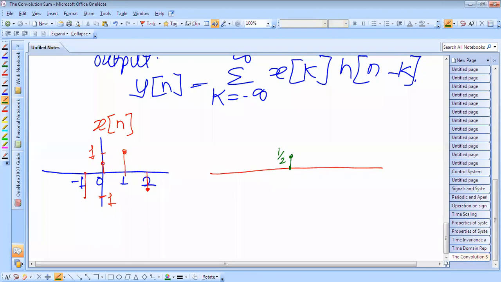For 1, it is 1. For 2, it is half, and for 3, it is again half. So this is h of n. This is the input, and this is the impulse response.